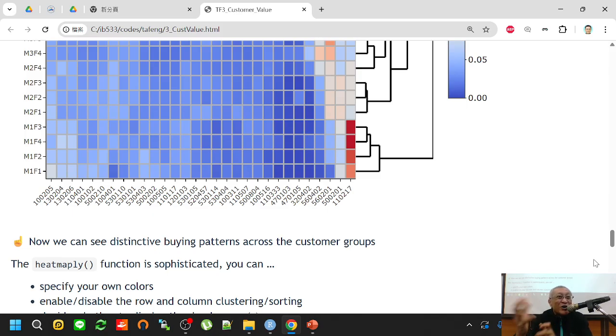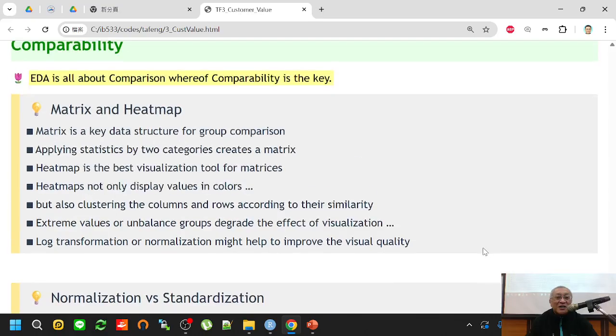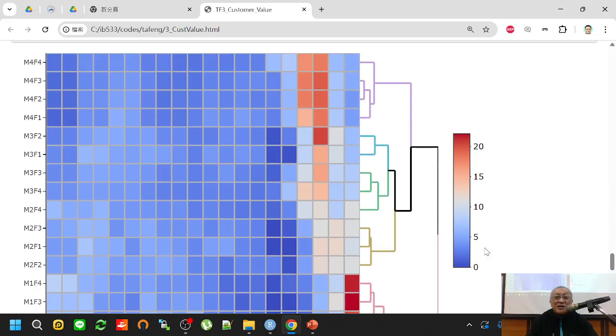By modifying the code, you can kind of jumpstart your exploration process, okay? So this is all for notebook 3. Any questions on this notebook?